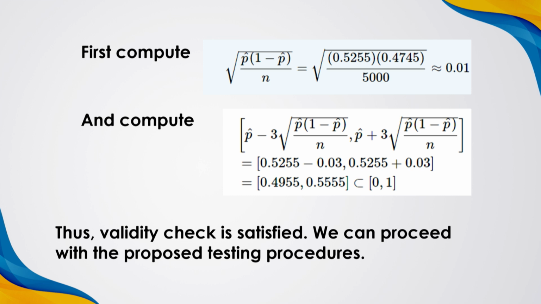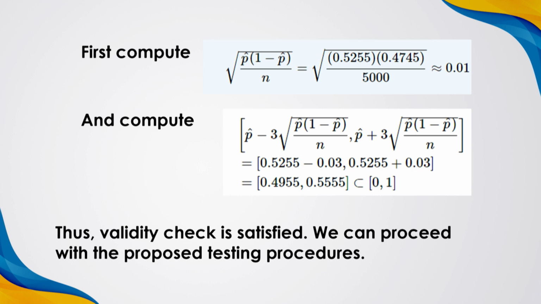First, compute the square root of p times (1 minus p) by n. After putting the values, please note that p is the sample proportion. This turns out to be 0.01. Again, we compute the interval given by the formula p minus 3 times square root of p times (1 minus p) by n, and the same thing added on the right hand side, p plus 3 times.